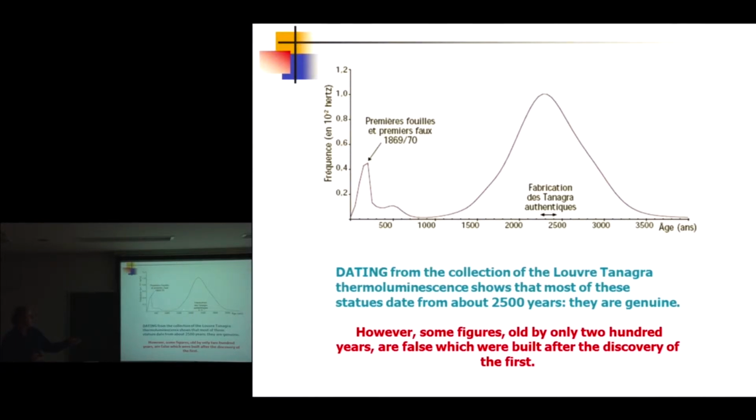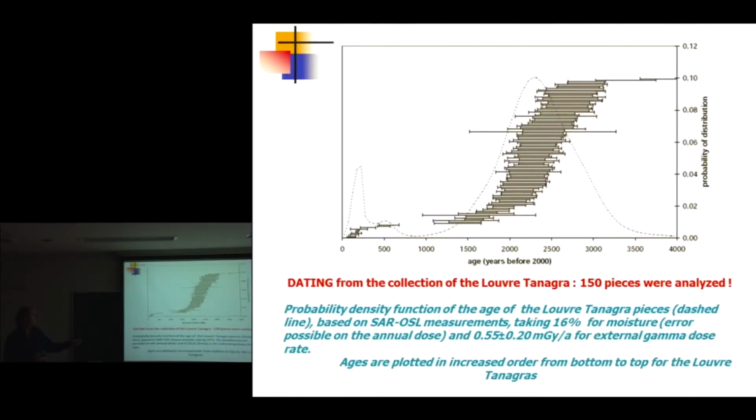The Tanagra was fabricated in this range, and a second population of Tanagra appears very close by, I think, between 200 and 300 years ago, and this was a false Tanagra, of course. So this is a statistic of all Tanagra investigated by thermoluminescence.